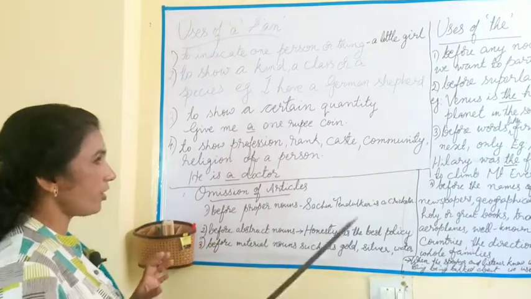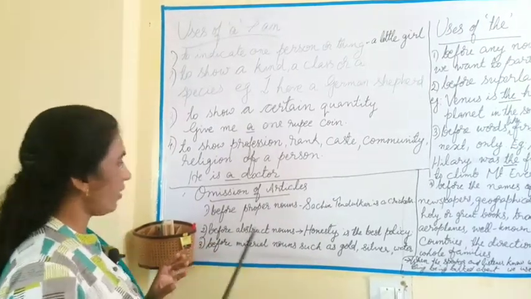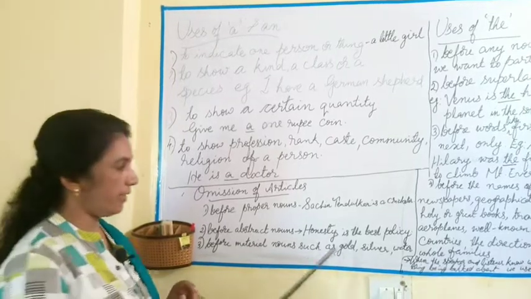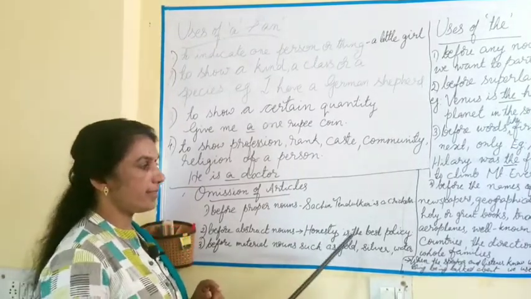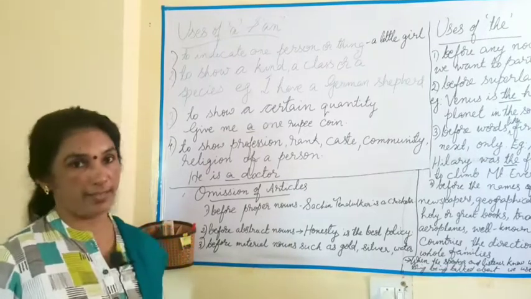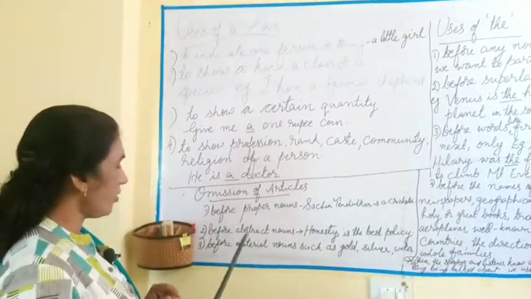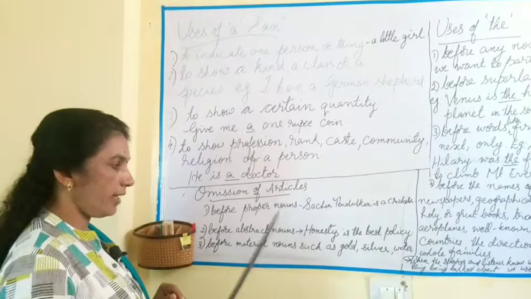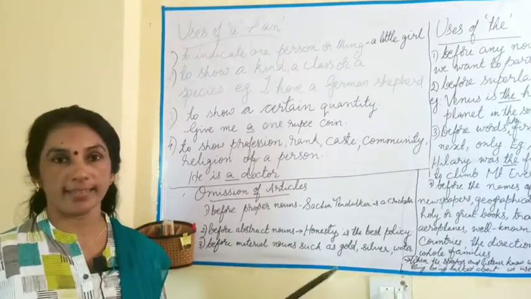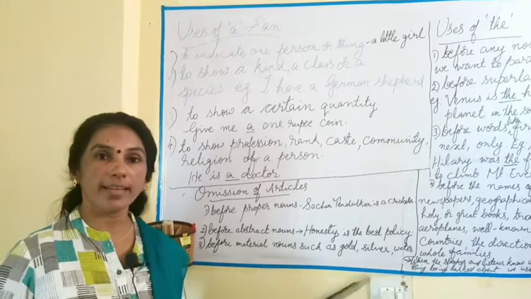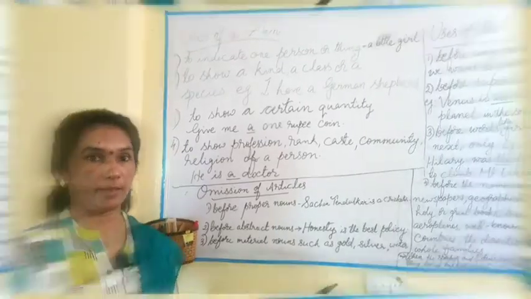Next, we do not use articles before abstract nouns. Here honesty is the abstract noun, so the sentence is: Honesty is the best policy. We never use articles before material nouns such as gold, silver, water, etc. For example, gold is a precious metal.